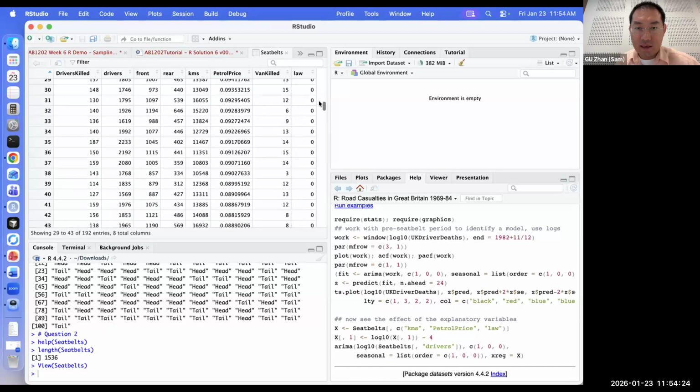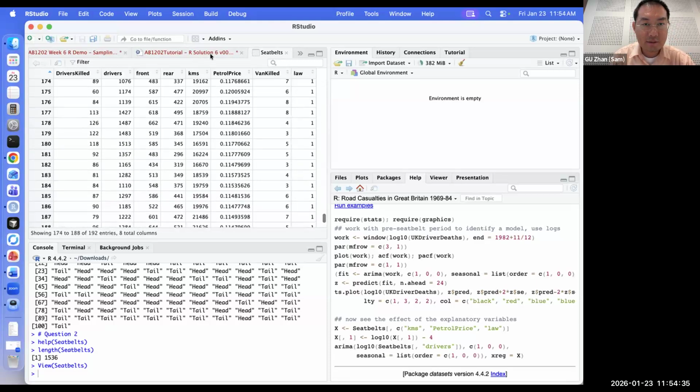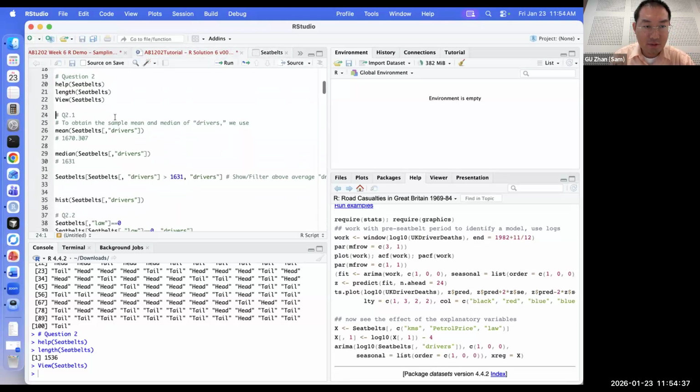The length of it is 192, 192 lines. Next, to obtain the sample mean and the median of drivers, we use this.